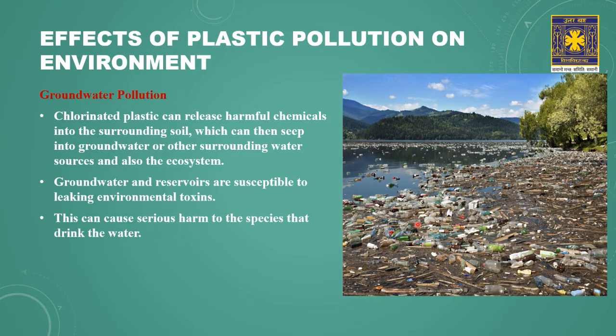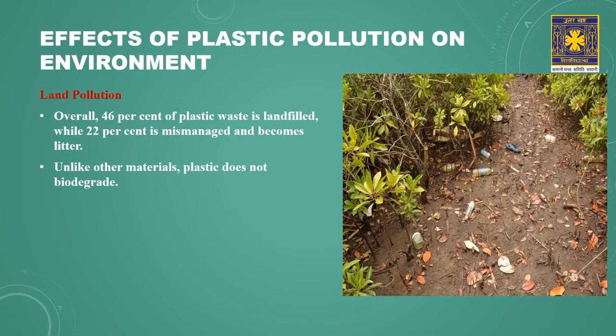Plastic bottles and similar things get accumulated in the aquatic environment, slowly accumulate in the surface water, and slowly become leached out to the groundwater, and begin to cause serious harm to the species which live in the water and which depend upon the water for their drinking. Then if plastics get accumulated on land, it causes land pollution, and it is known that overall 46% of the plastic waste is landfilled.